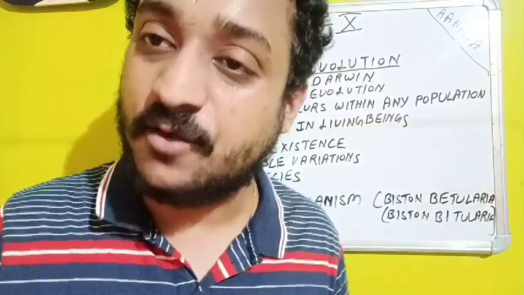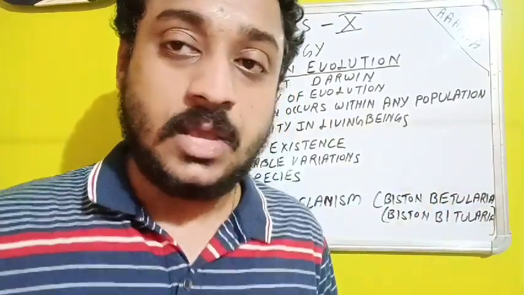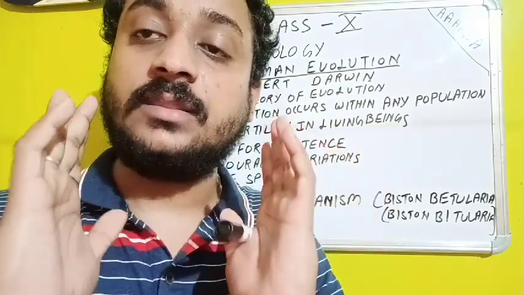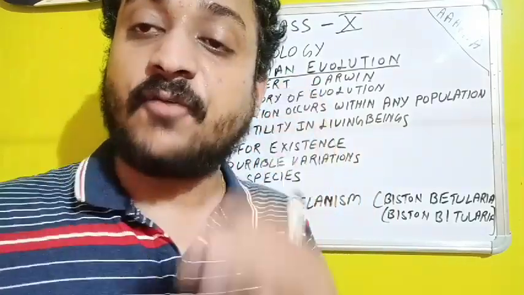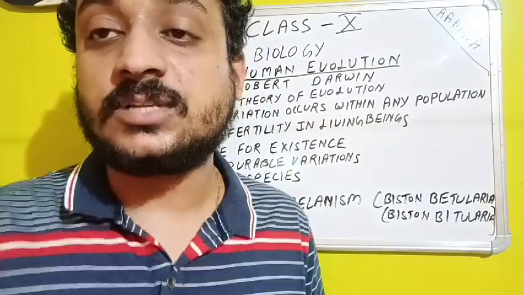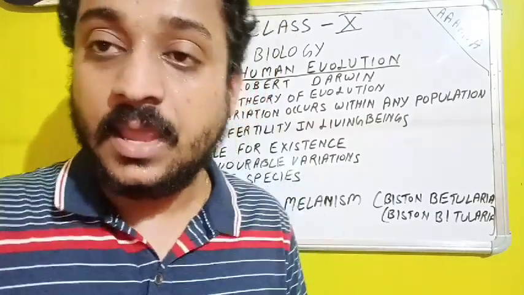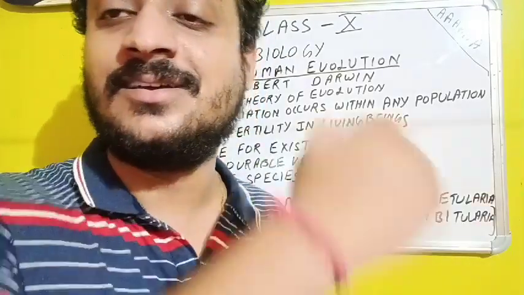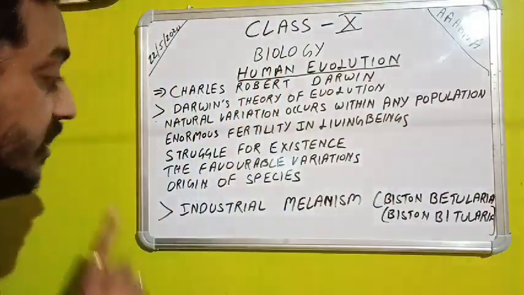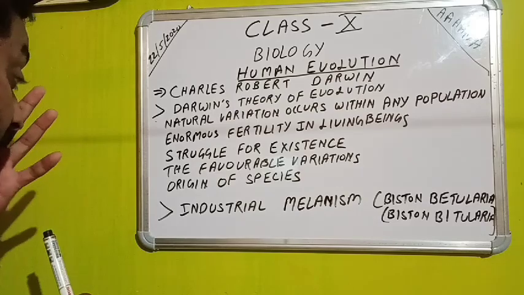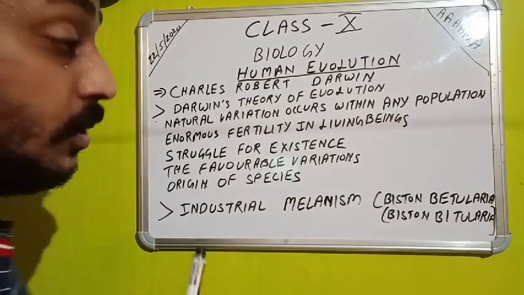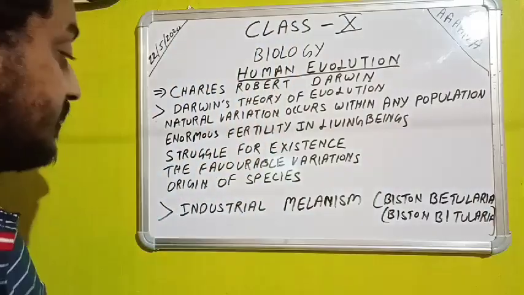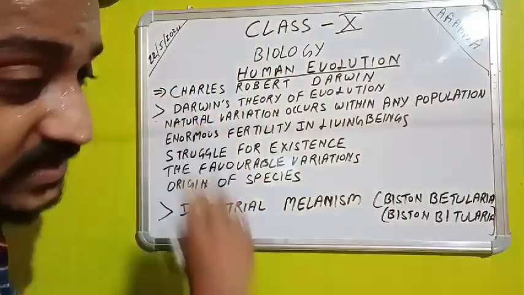Like the example of the giraffe is very well understood: the goats of the hill regions continuously tried to elongate their neck, and finally, this took a lot of generations, but the goat became a giraffe. Why? Because the elongation of the neck has been inherited from one generation to the other. So this is what Darwin said, the favorable variations will continue to be inherited from one generation to the other generation.